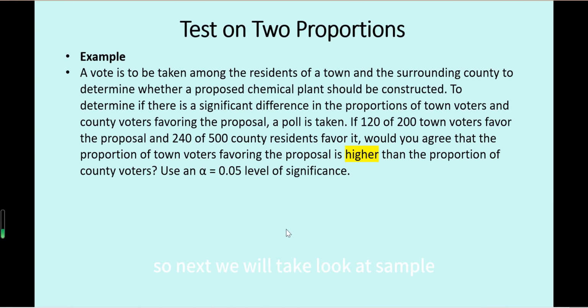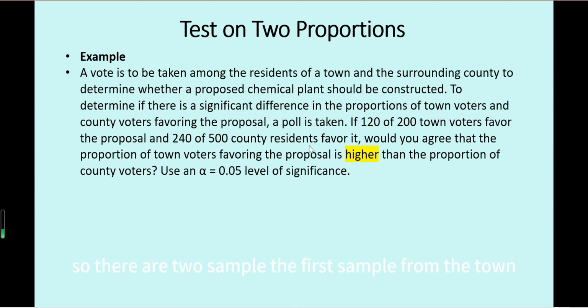So next we will take a look at an example. A vote is to be taken among the residents of a town and the surrounding country to determine whether a proposed chemical plant should be constructed, and to determine if there is a significant difference in the proportion of town voters and country voters favoring the proposal. A poll is taken. So there are two samples.